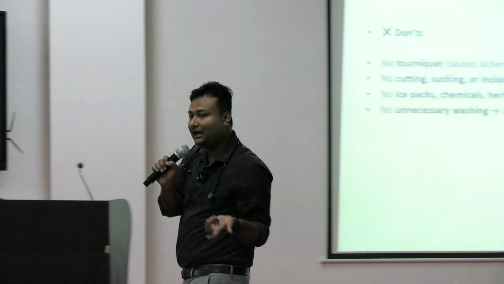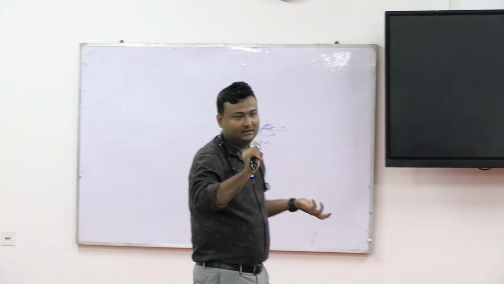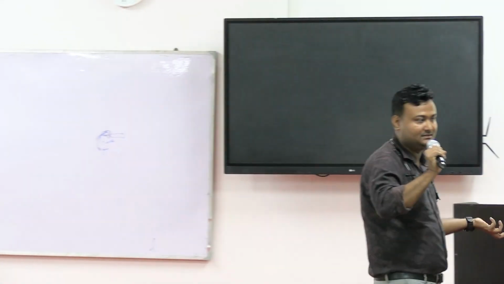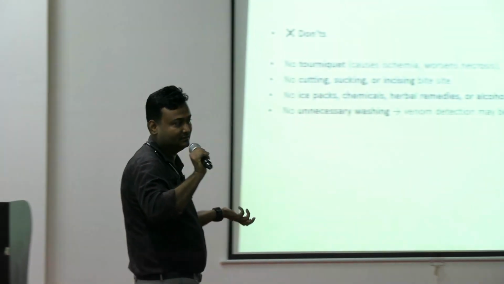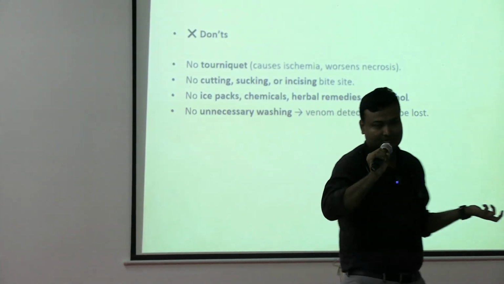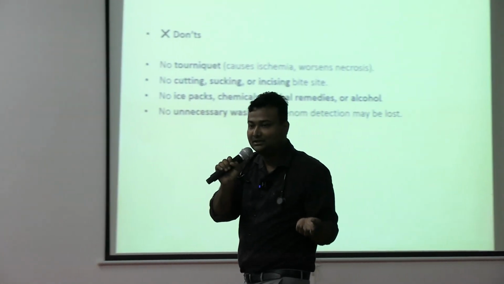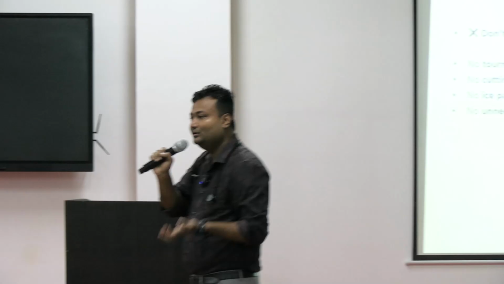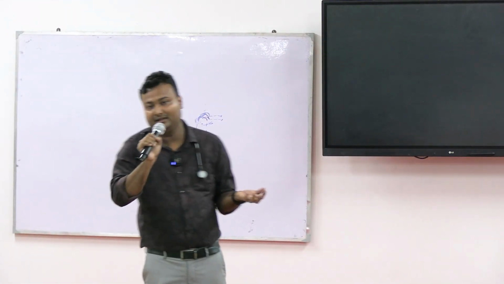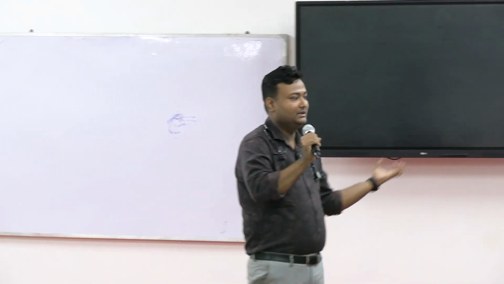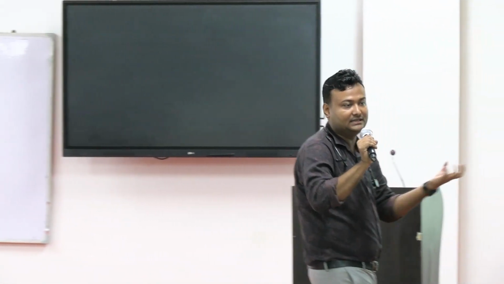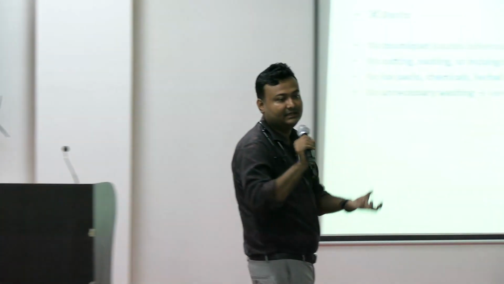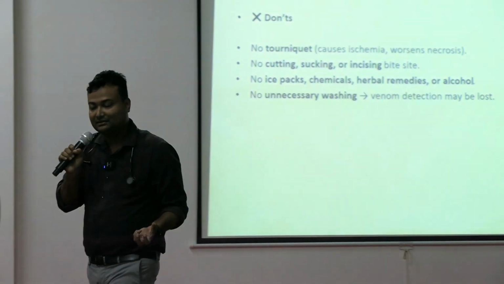Can anyone say how it can harm further? Poisons are toxins. After applying a tourniquet, first there will be local toxicity. It may damage the limb early. There will be a high concentration of toxin and poison in the leg, which will cause local damage.